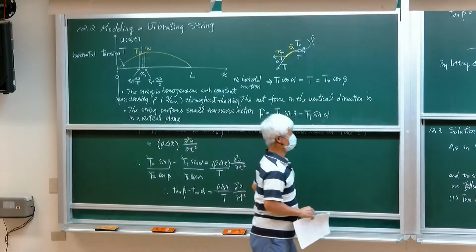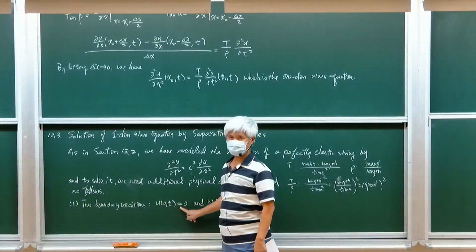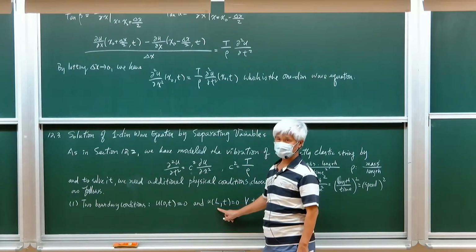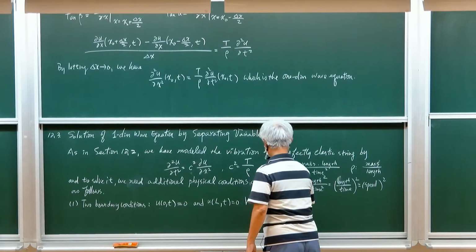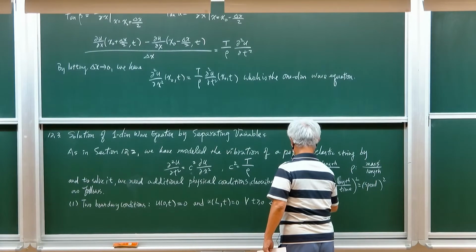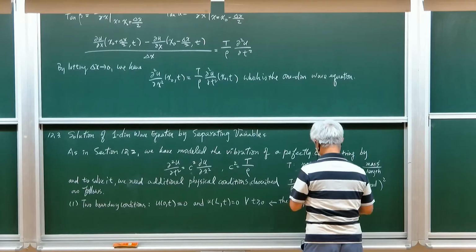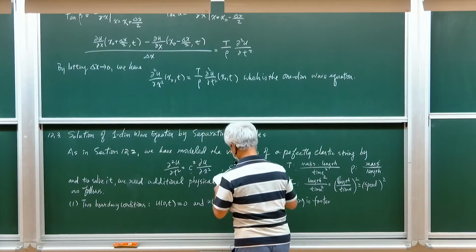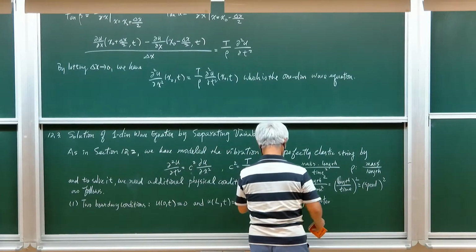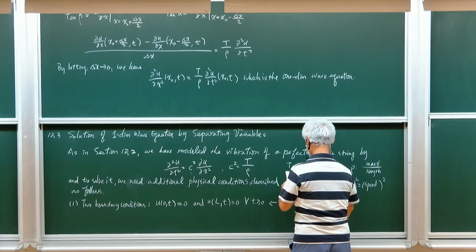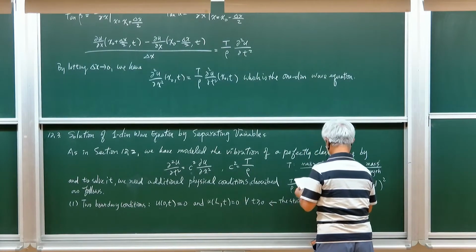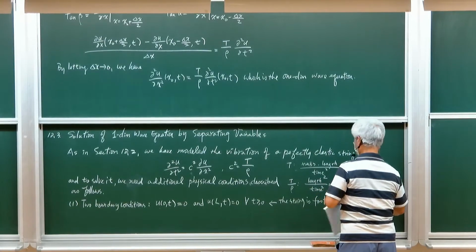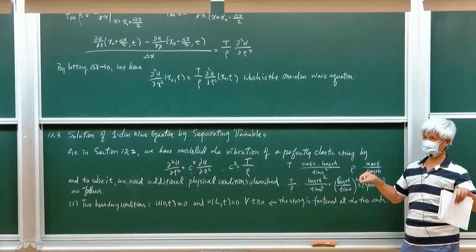And so the vertical diffraction would be 0 for all time at x equal to 0 and at x equal to L. Okay, so this corresponds to the physical condition that the string is fastened at two endpoints.